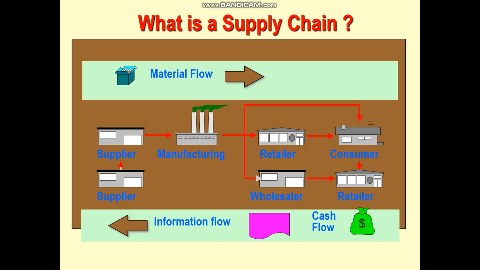Then I cook in my restaurant, and after that I serve the customer. That is a supply chain from supplier to the end user. The material flow goes from the supplier to the end user, and from the customer to the supplier are the information flow and the cash flow. The customer has to pay money, right? Okay.